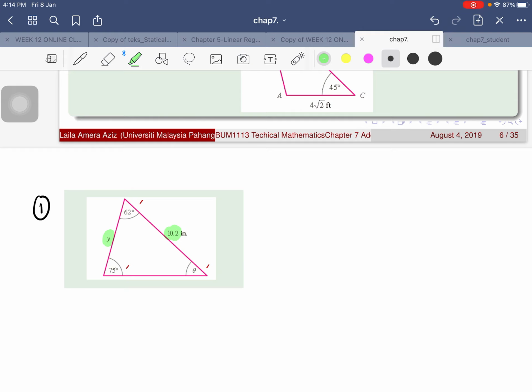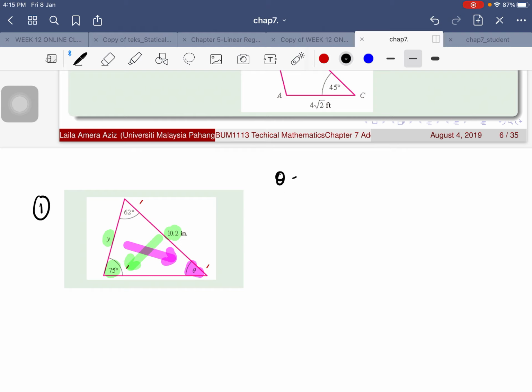I also need to find 2 angles. One is the angle opposite of y, so I need to find that angle, and I also need the angle that is opposite of the length that we know, which is 10.2. That angle is already given, so we know it is going to be 75.